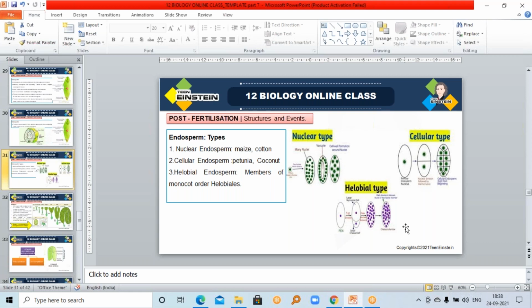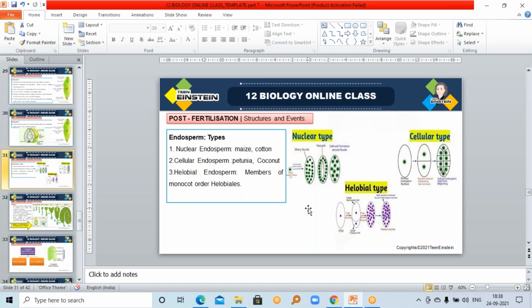Okay. So the nuclei produced are free from cell wall formation and they are freely floating in the cytoplasm of the embryo sac. These nuclei will be produced after nuclear division and there is no cell wall formation, and they are free in the cytoplasm of the embryo sac.